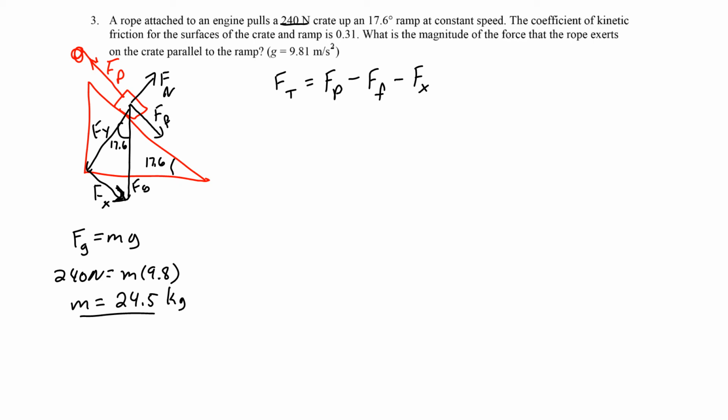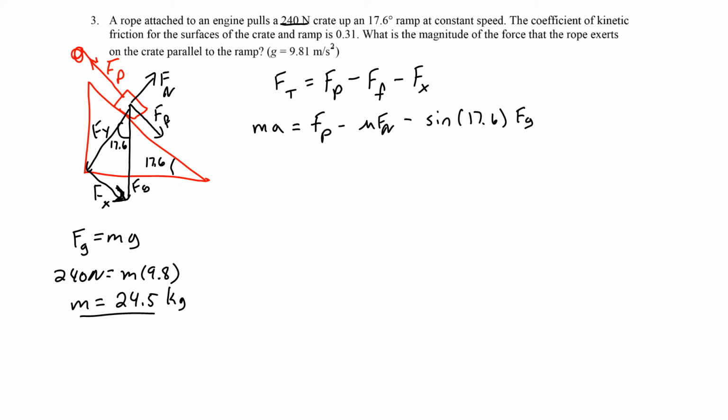Alright, so now we just start substituting stuff in. So we say Ft. Fp is what we're looking for, so we'll just leave that there. Minus mu Fn minus Fx, and what's Fx going to equal? Sine 17.6 times Fg.